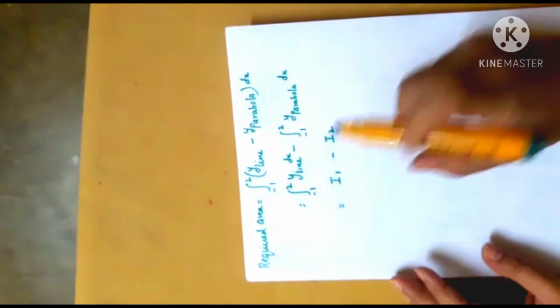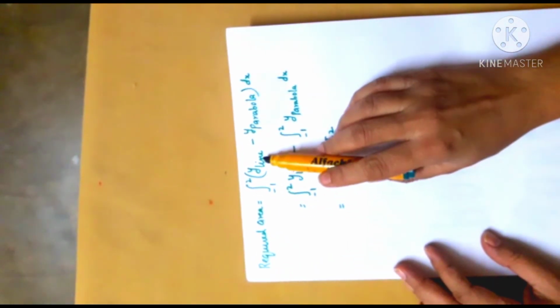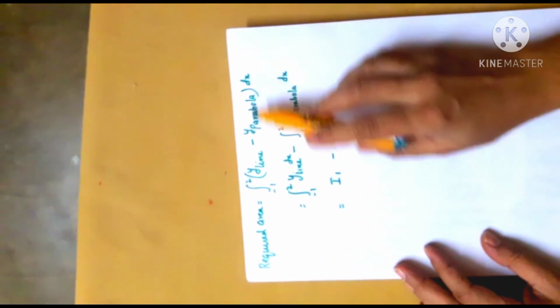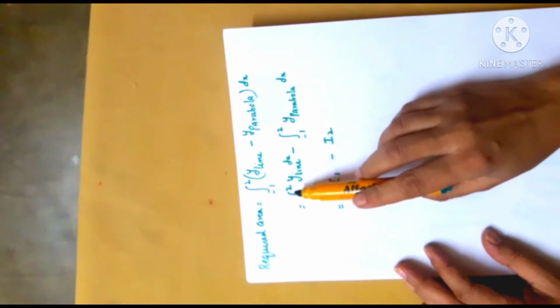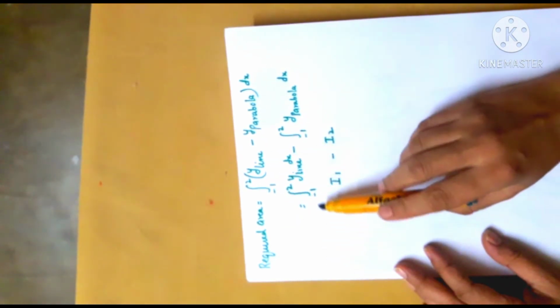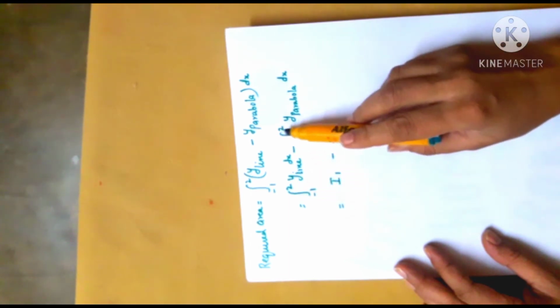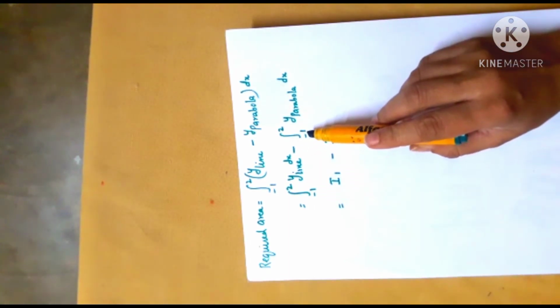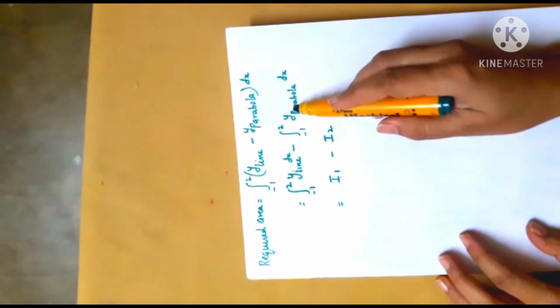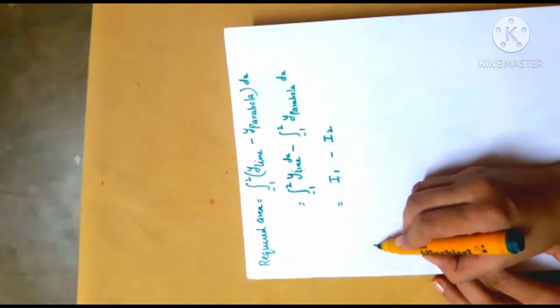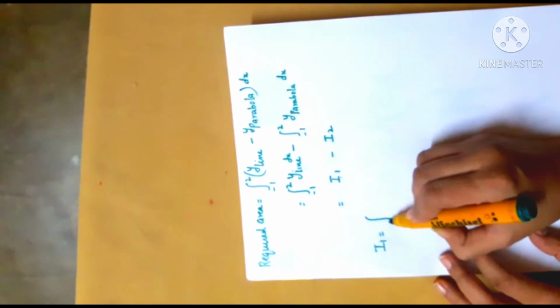So we have the required area as the integral of y of line minus y of parabola dx from -1 to 2. I separate the integrals: integral of y of line dx from -1 to 2 minus integral of y of parabola from -1 to 2. I call this I1 and this I2. So first I'll compute I1.